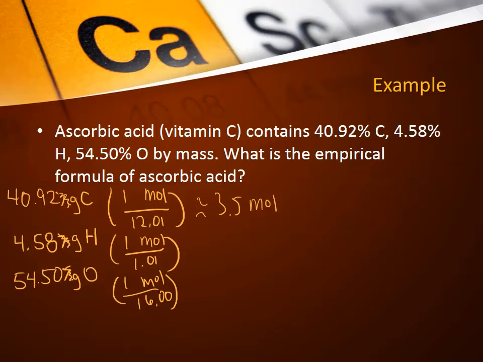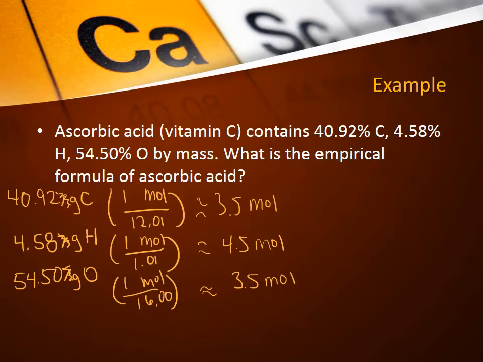It's a little bit off, but I'm just going to round. This gets us about 4.5 moles. And this gets us about, I believe, 3.5 moles.